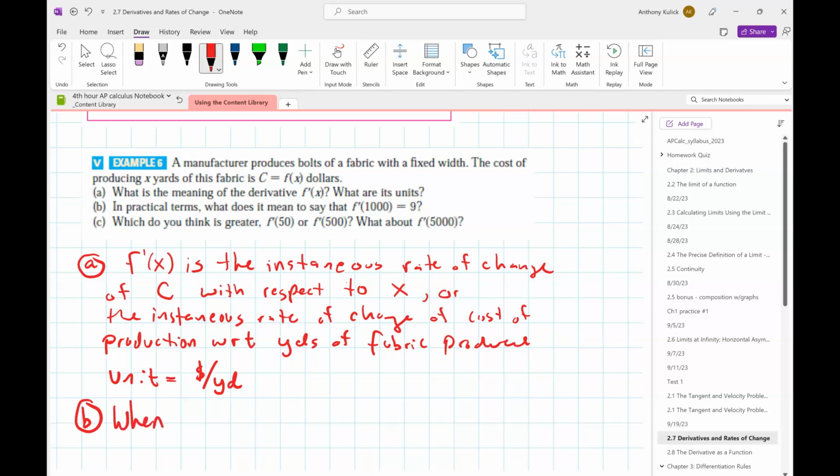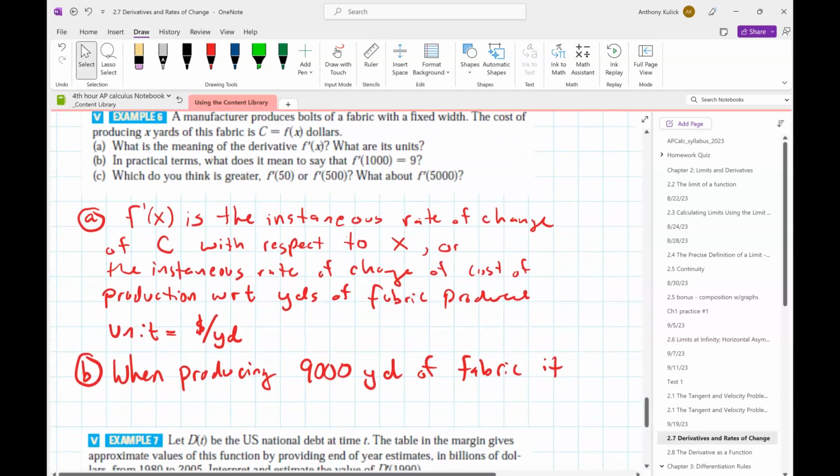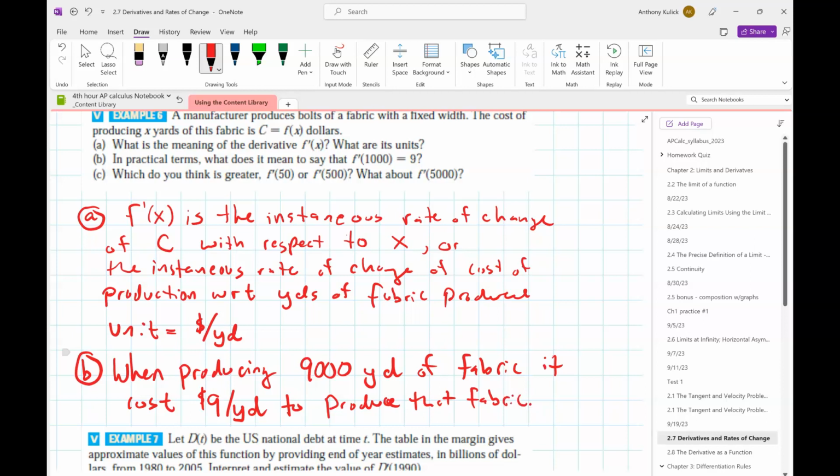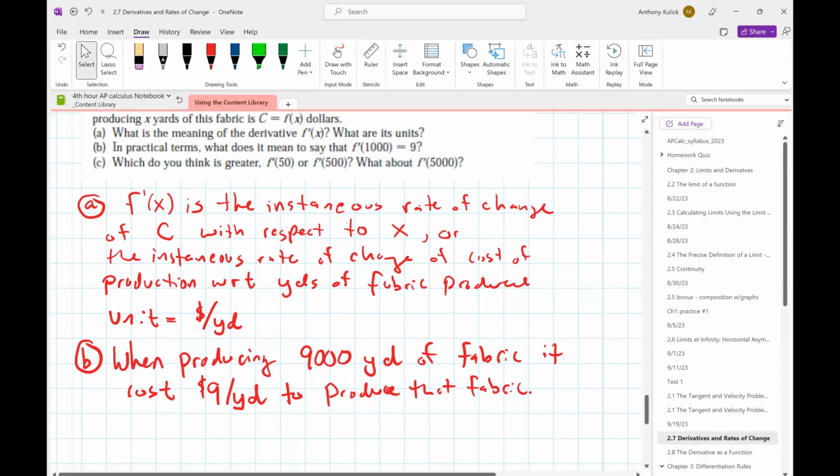So you'd say when producing 9,000 yards of fabric, it costs $9 per yard to produce that fabric. So that's the cost of production when you're making 9,000 yards of fabric.